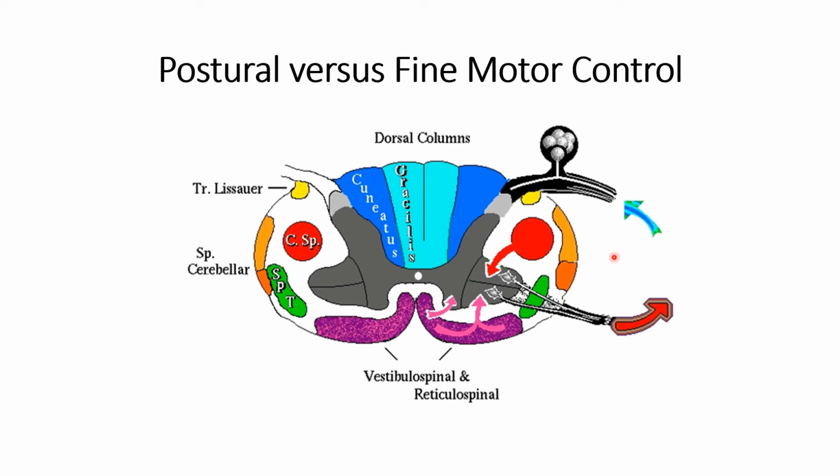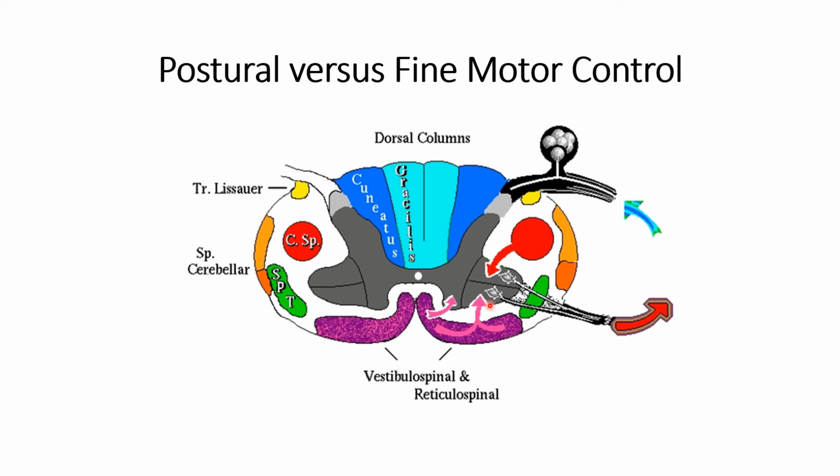This figure shows the relative role of the corticospinal tract on fine motor control and the vestibulospinal and reticulospinal tract on postural control. And that is, the corticospinal tract sends its axons into lower motor neurons that are in the ventral portion of the spinal gray, but in this more dorsal portion of this little limb, where motor neurons to flexors are concentrated.